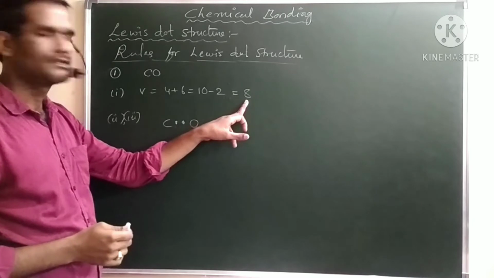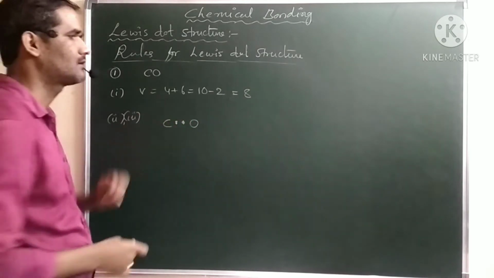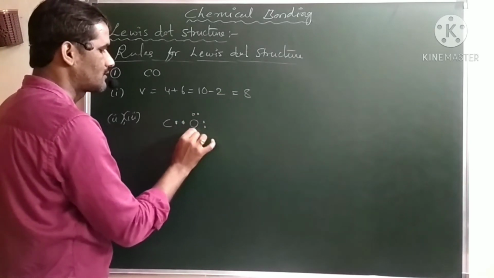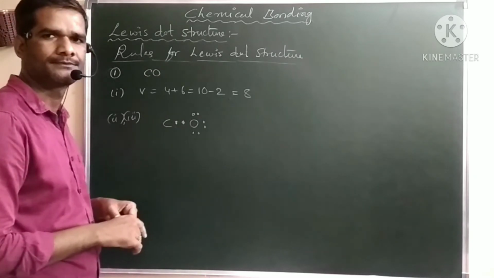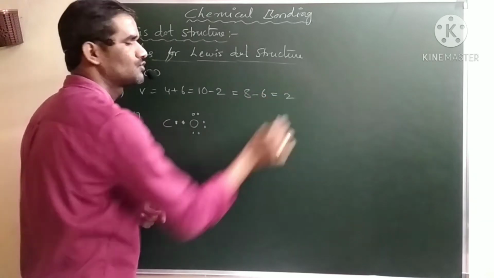From this 8, we have to satisfy the octet. How can we satisfy here? You can keep 6 more electrons on the oxygen. Now it is satisfied. Now from 8, we took 6 electrons, 2 more remain.